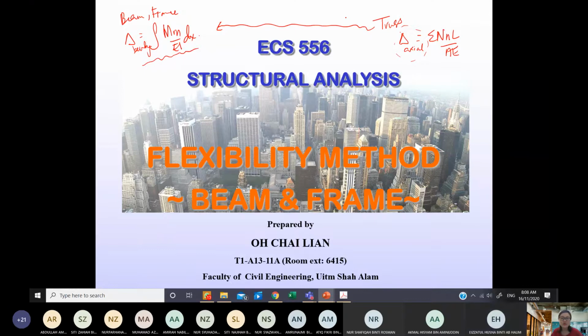You need to understand the structure well, whether it is governed by bending or by axial behavior, so you will be able to determine the real displacement due to the real behavior. So let's start our lesson today.